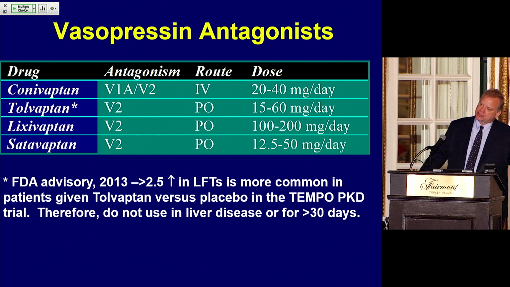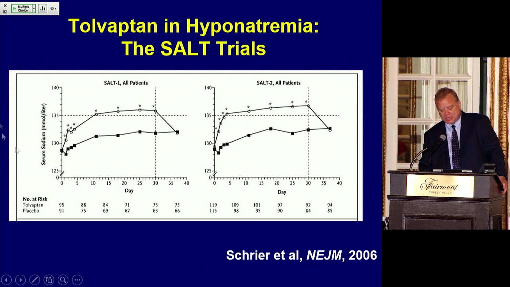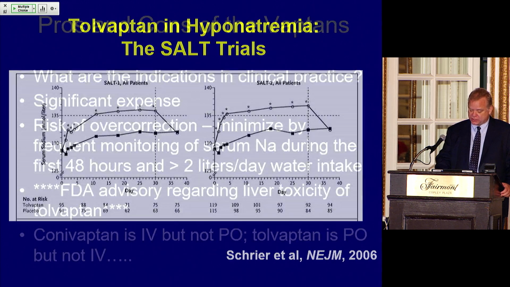We used to use it in cirrhotics quite a lot, but now most hepatologists will not use tolvaptan to manage cirrhotic-associated hyponatremia. Clearly, though, these drugs work. The SALT trials showed this: if you gave tolvaptan, sodium corrected, and it got worse if you stopped it.